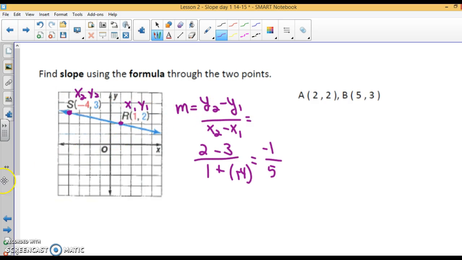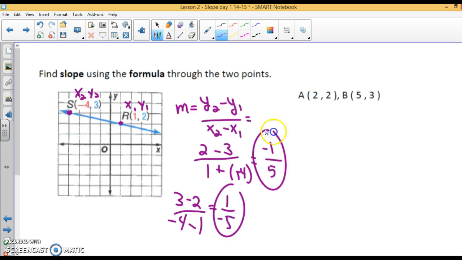So this would be 3 minus 2, y sub 2 minus y sub 1, over negative 4 minus 1. So I will have 1 over negative 5. Aren't these two things exactly the same? It does not matter which ordered pair you choose as x sub 1 and y sub 1, and x sub 2 and y sub 2, as long as you are consistent.